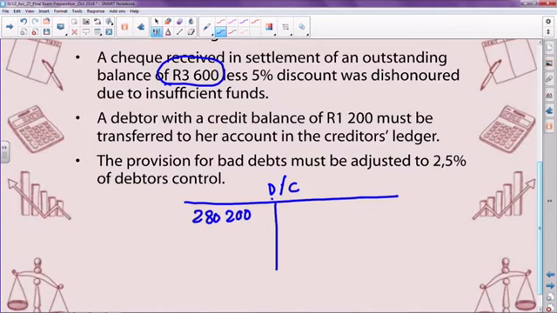A debit to debtors control with the full amount, which is 3,600. So you debit your debtors control. What are you going to credit? We don't need this, but just to show you that you're going to credit bank and you're going to credit your discount allowed, because there was a discount involved. Let's work out the discount.